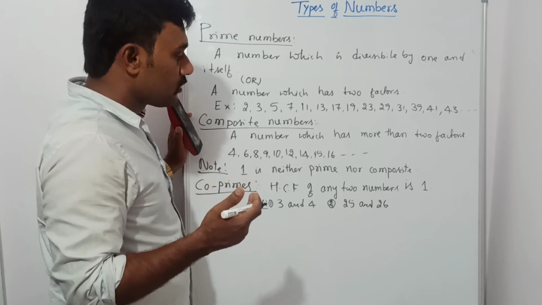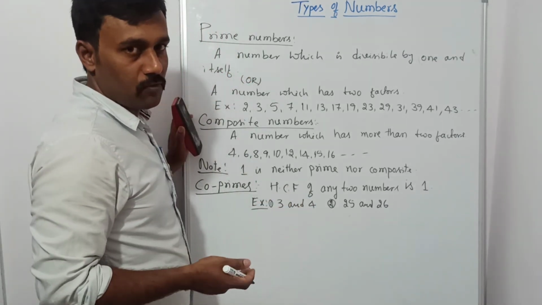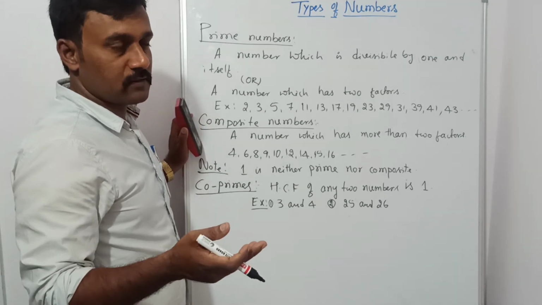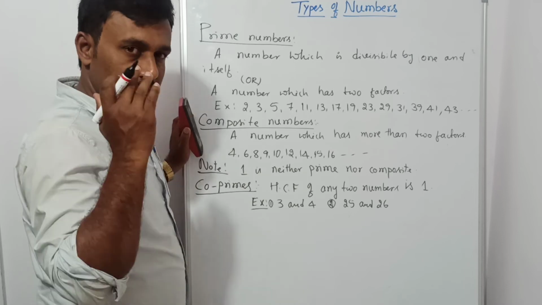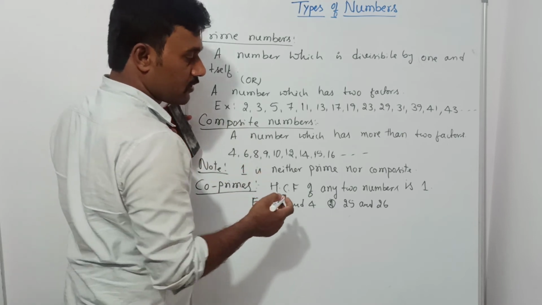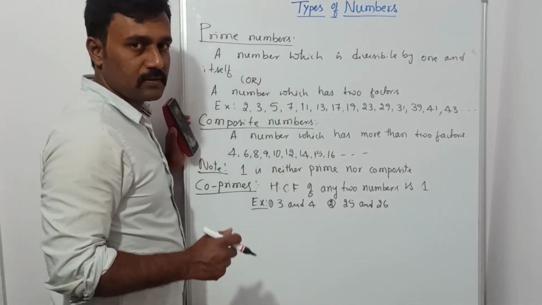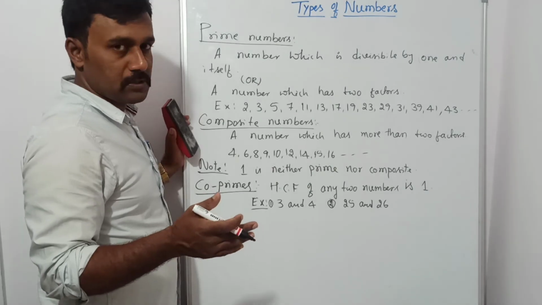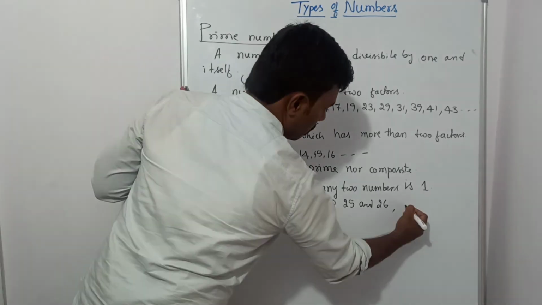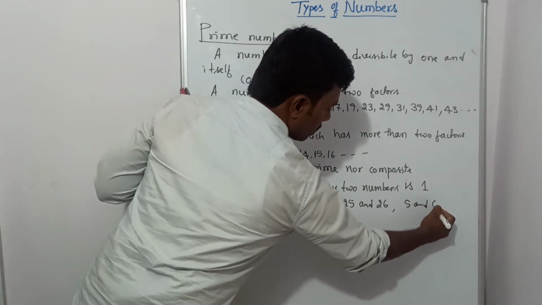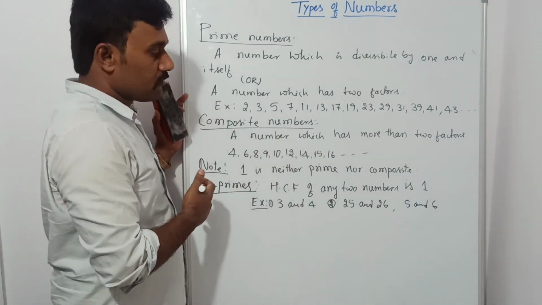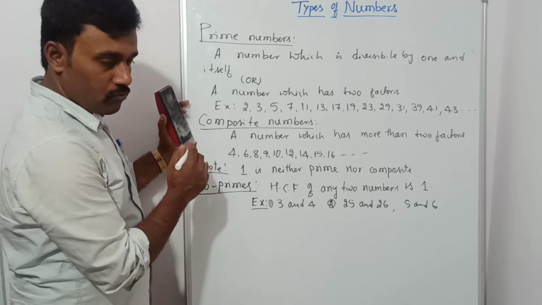You can take any two numbers, for example 3, 4; 4, 5; 5, 6; 7, 8; 8, 9; 9, 10; 10, 11. So these numbers are examples for co-primes. Whatever two consecutive numbers you take, one odd and one even, they are co-primes. You can give many examples, like 5 and 6, 6 and 7, 7 and 8, 100 and 101. So we have an infinite number of pairs for co-primes.